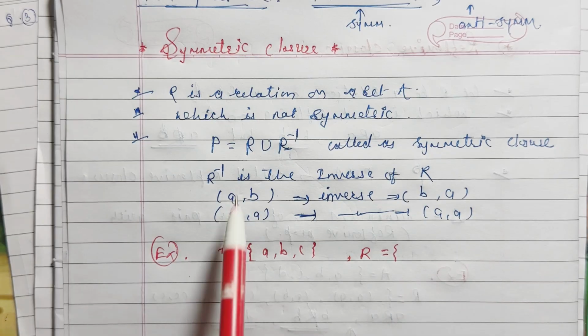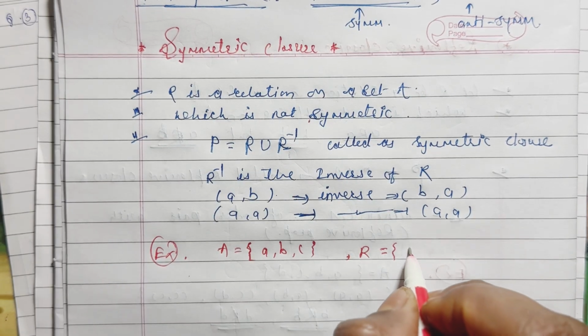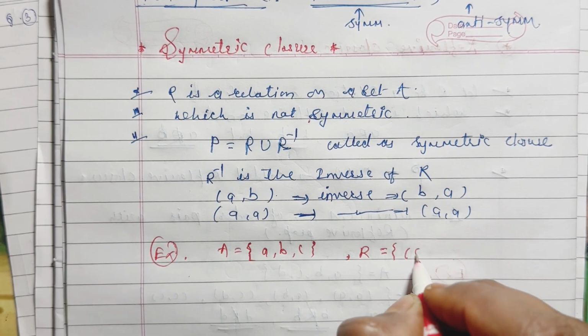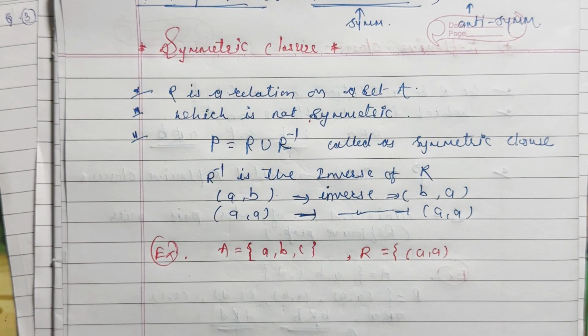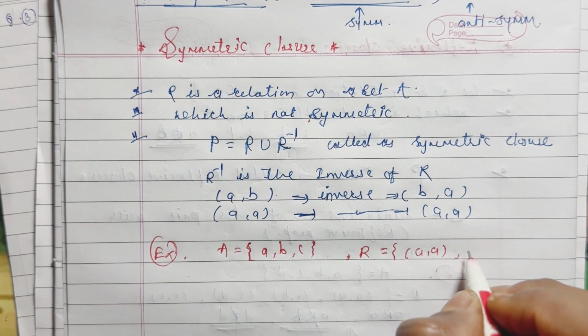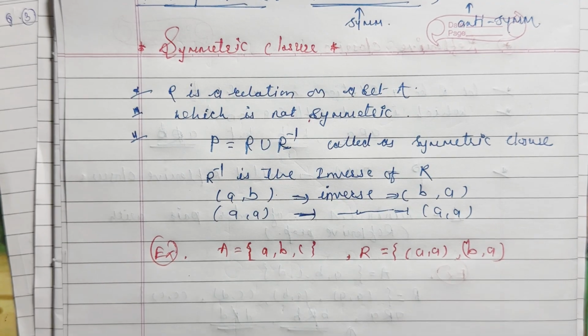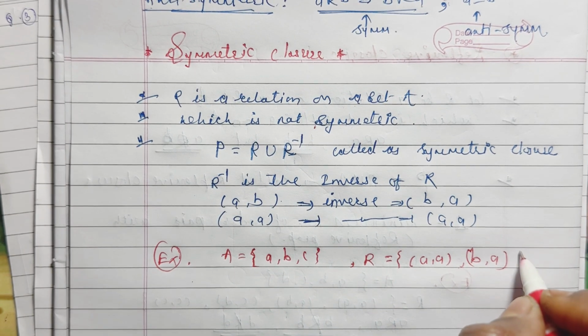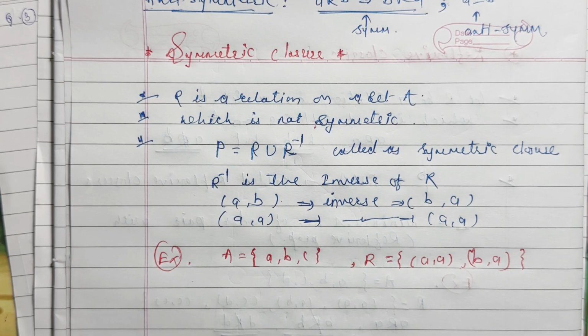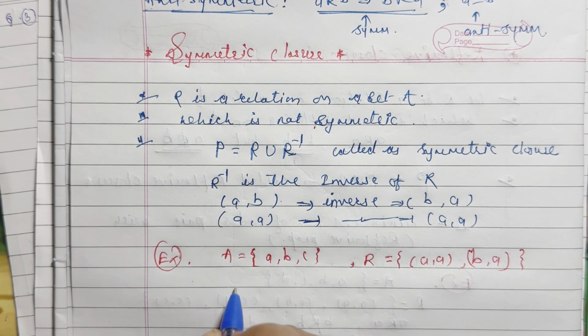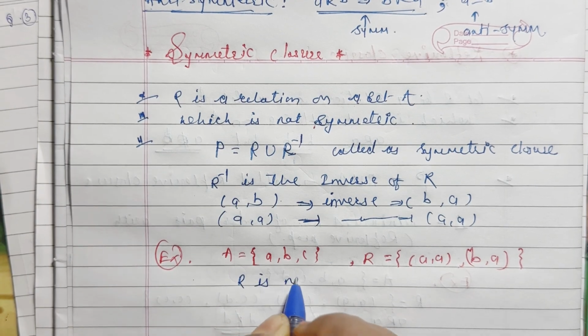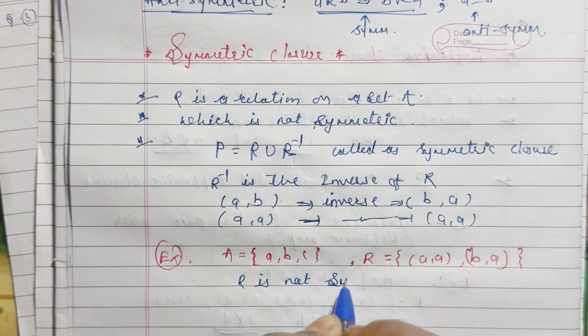You can take the ordered pair AA and then the ordered pair BA. So this is the relation R. You can observe that R is not symmetric.